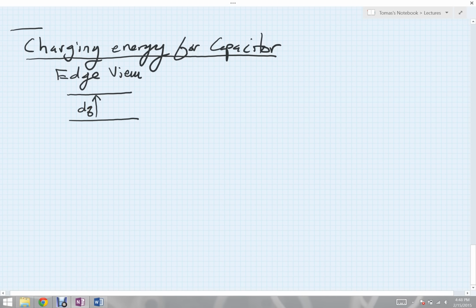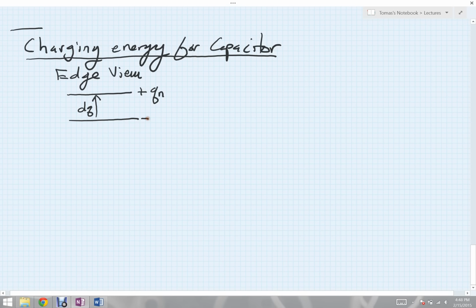I'm going to start with neutral plates, and I'm going to be moving this charge from the bottom plate to the top plate. As I do that, the top plate will start to carry a positive charge. Somewhere in the midst of this process, the total charge up here I will call plus Q sub n, at the nth step after I've moved n little charges from the bottom to the top. As I move those positive charges off the bottom plate, of course, it ends up negative.